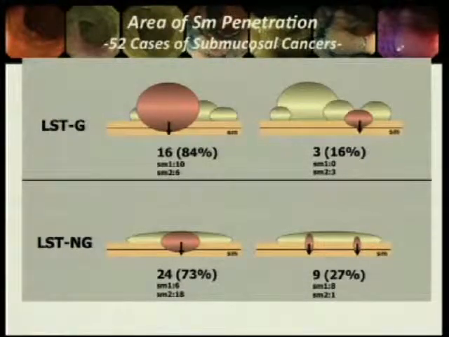And this LST is divided into 2 subtypes, LST granular type with aggregation of nodules, and LST non-granular type without aggregation of nodules. Importantly, LST granular type shows lower SM invasion rate compared to LST non-granular type.